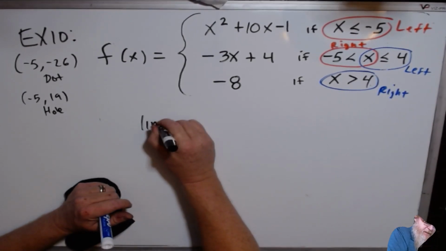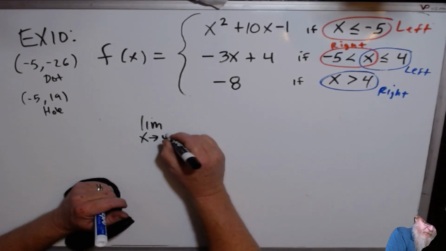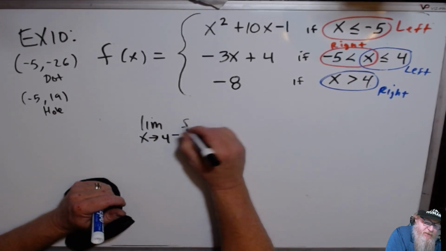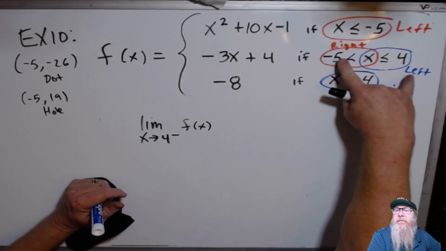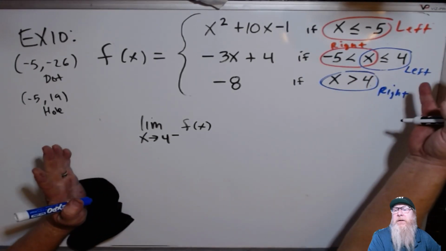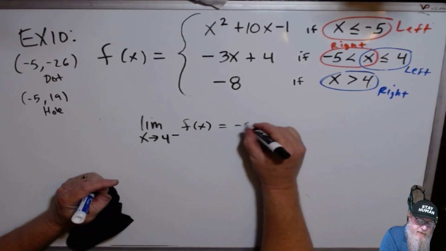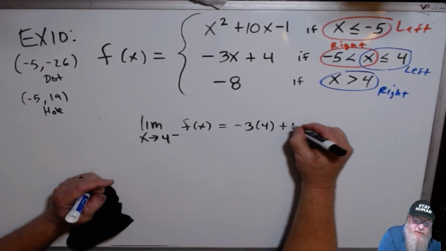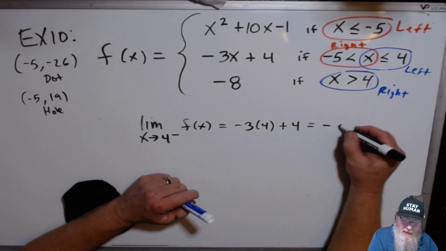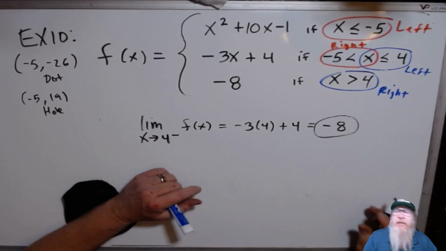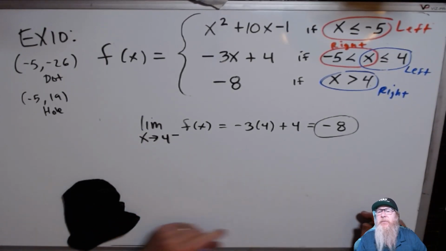All right, so we've got the limit as x goes to 4 from the left. Left of 4 would be negative 3 times 4 plus 4, which would be negative 12 plus 4, which is negative 8.